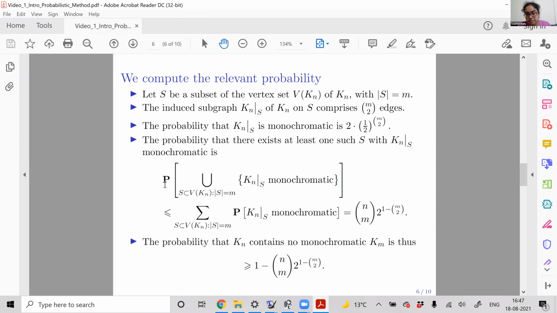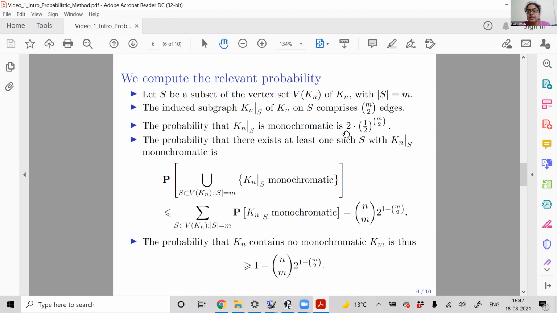Now you use the union bound, again, something that you need to know from probability to understand this step, this inequality. So the probability of the union is bounded above by the sum of the individual probabilities. So you take the sum over all S that are subsets of the vertex set with cardinality of S equal to M outside, and inside you have the individual probabilities, okay? And these individual probabilities we have just computed here.